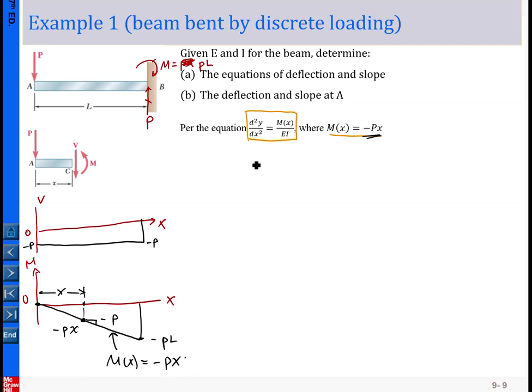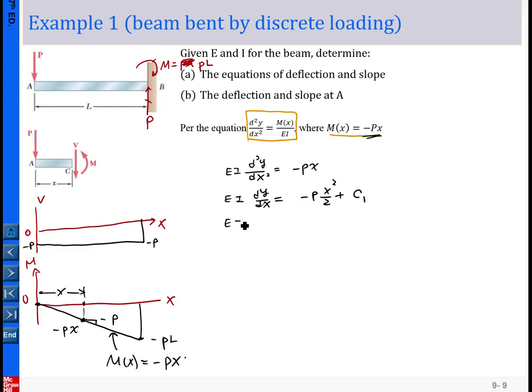We start with this equation, EI d squared y over dx squared equal to minus px. We integrate both sides with respect to x: EI dy/dx equals minus P x squared over 2 plus an integration constant.